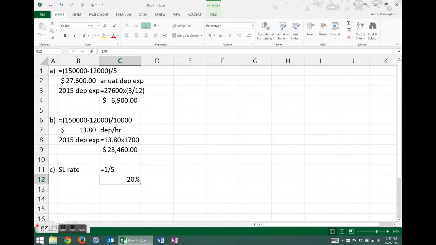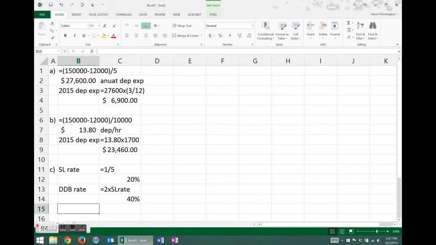Our double declining balance rate is always going to be equal to 2 times the straight line rate, which works out to, in this case, 40%.